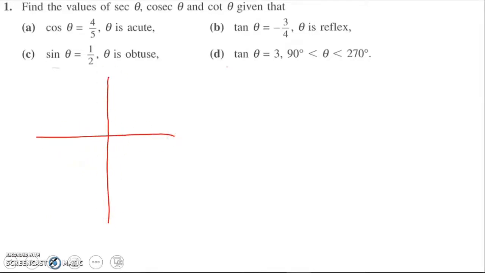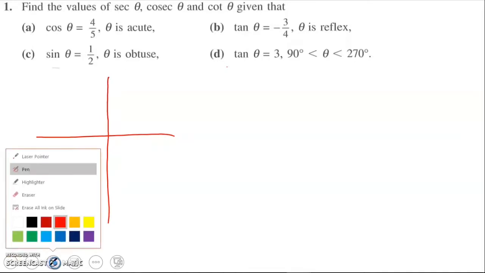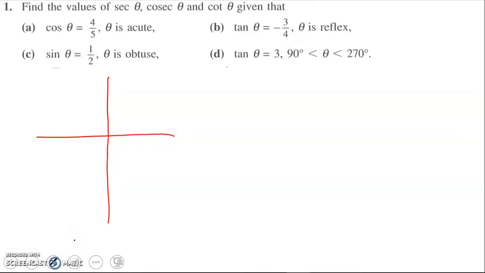So for C, we know it's going to end up in Q2. Opposite over hypotenuse, that would mean hypotenuse is 2, opposite being 1, and we have square root of 3 for our adjacent side. We know that this is going to be negative.